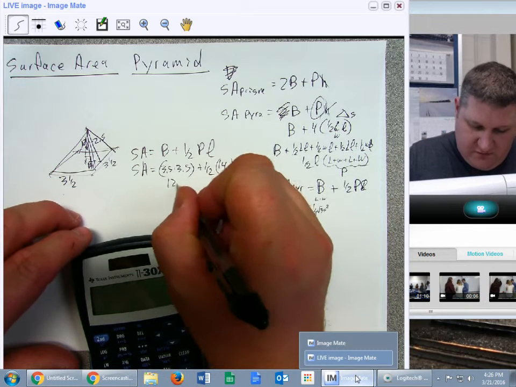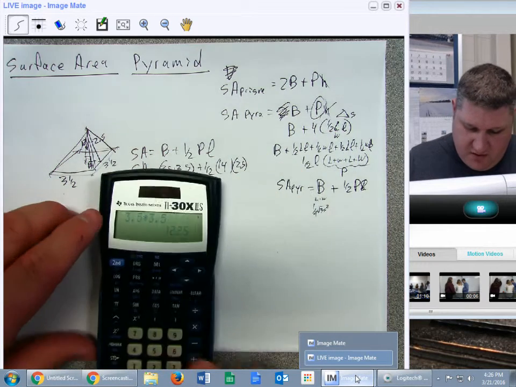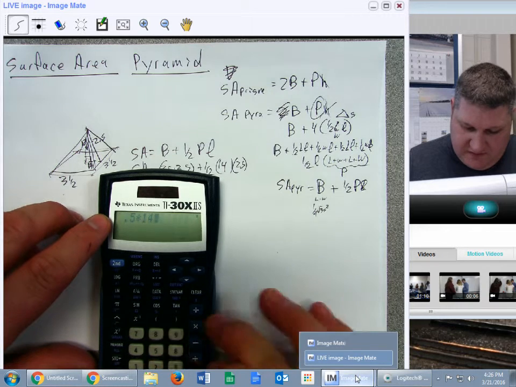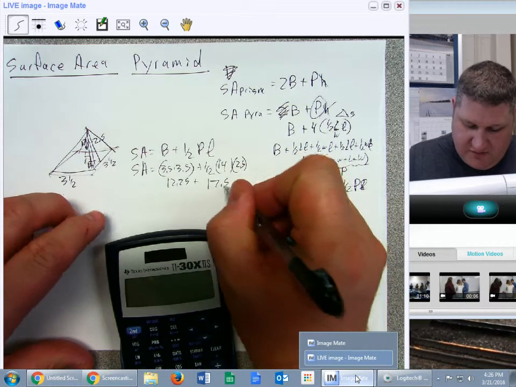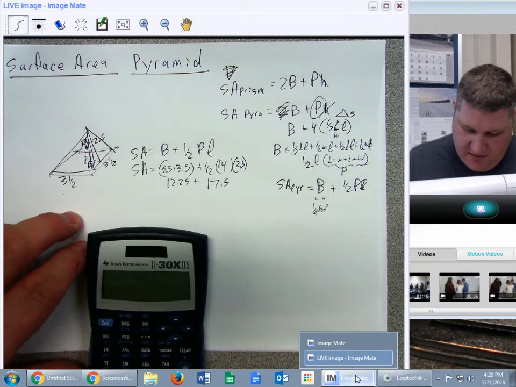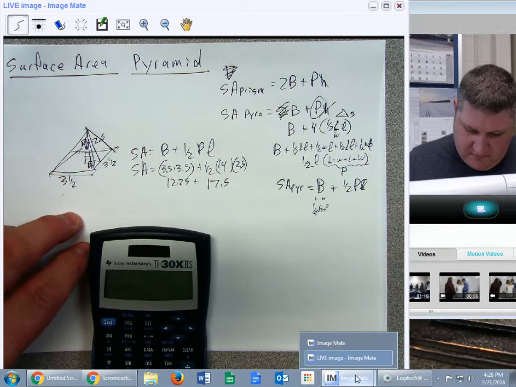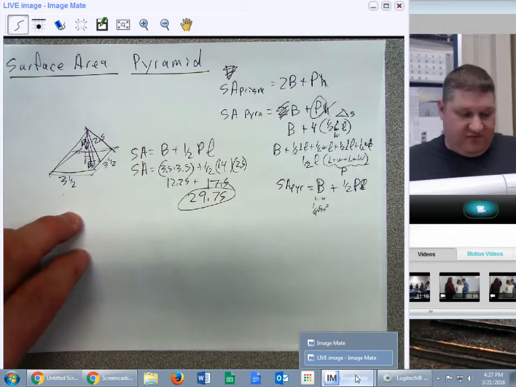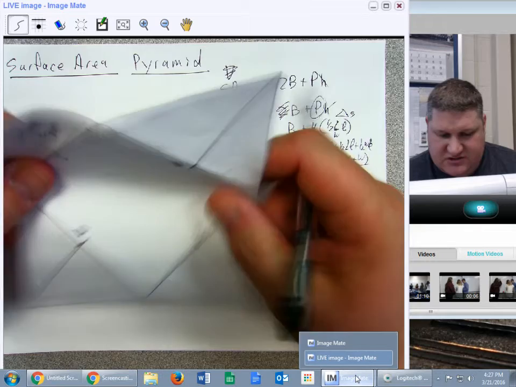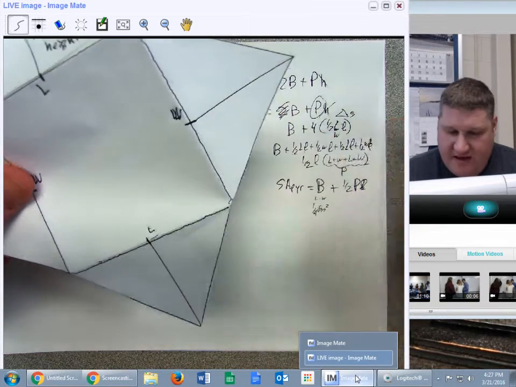That's 12.25 plus 0.5 times 14 times 2.5. And I get plus 17.5. Put it all together, and I get 29.75. I would have to have 29.75 square inches of paper to figure that out.